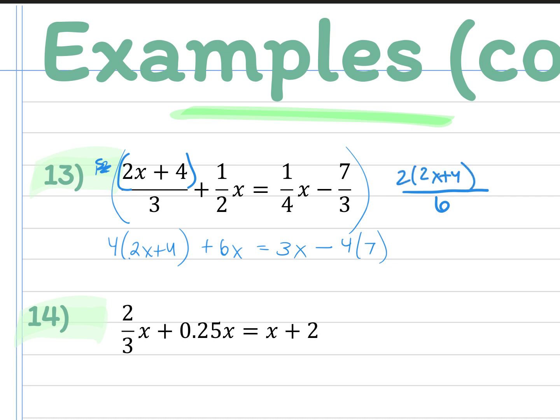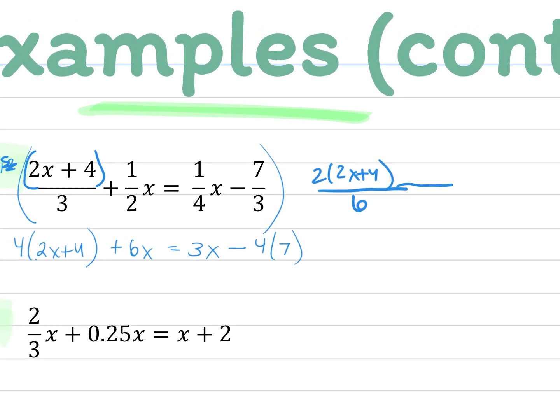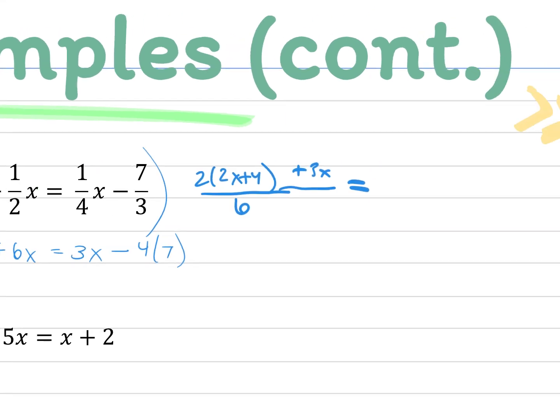All right. The second fraction has a 2. What would I have to multiply it by to make it a 6? So this will become plus 3x. You guys okay with that? Okay. So equals... What's my common denominator on this side going to be between 4 and 3? 12. Okay.